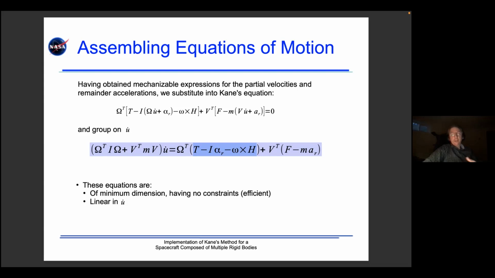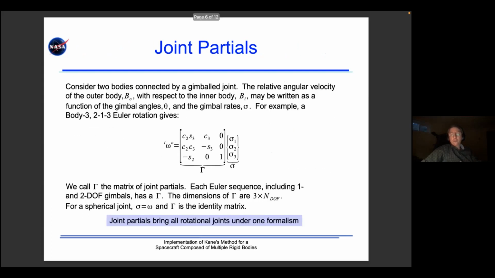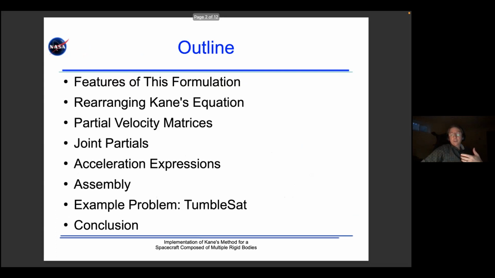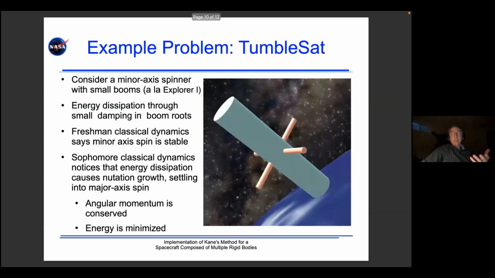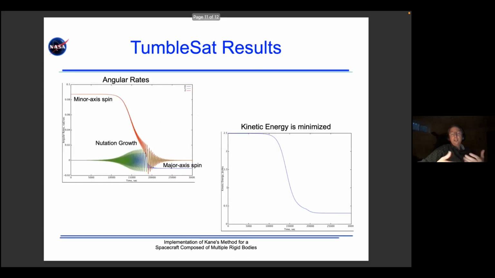The important thing is any energy dissipation you've got. If you had fuel on board that could slosh, just anything, wherever there's energy dissipation, any energy dissipation is going to drive you toward that major axis spin.